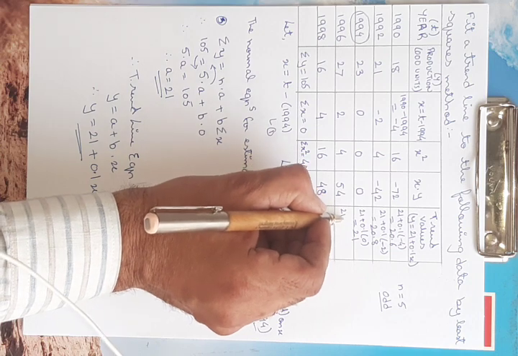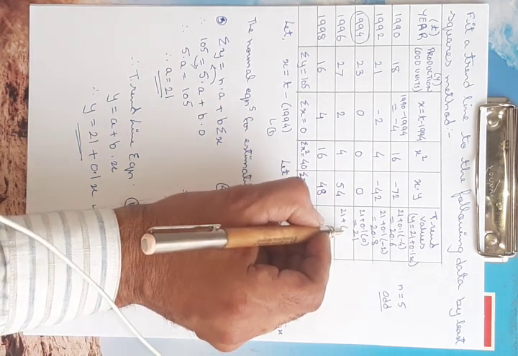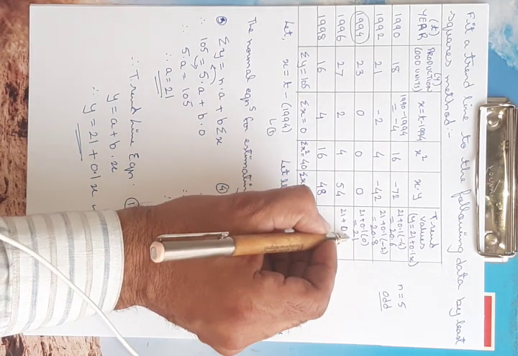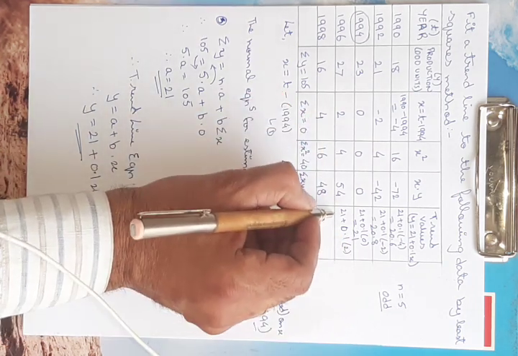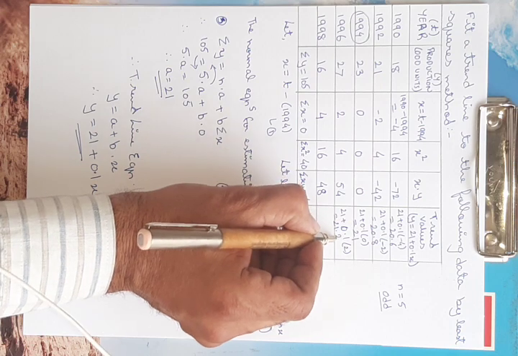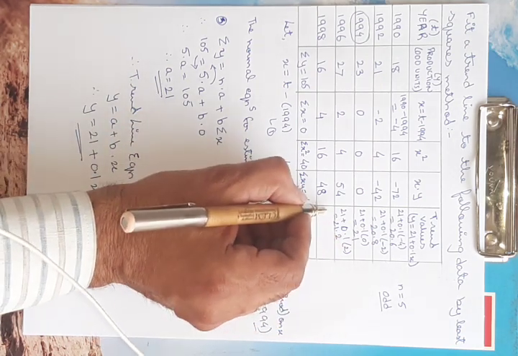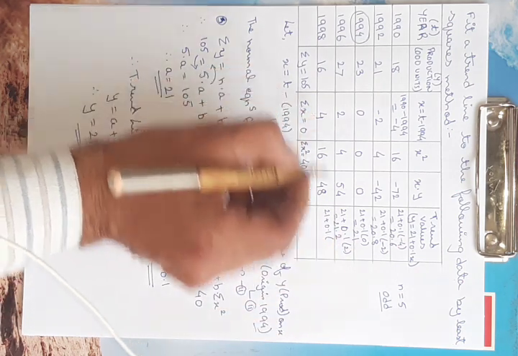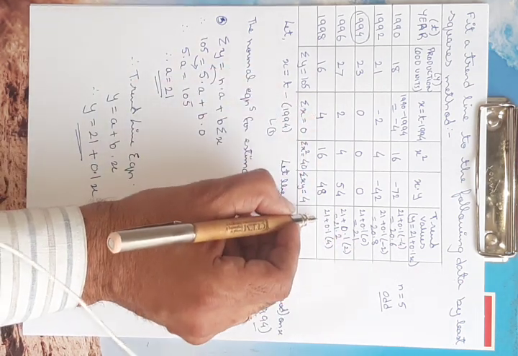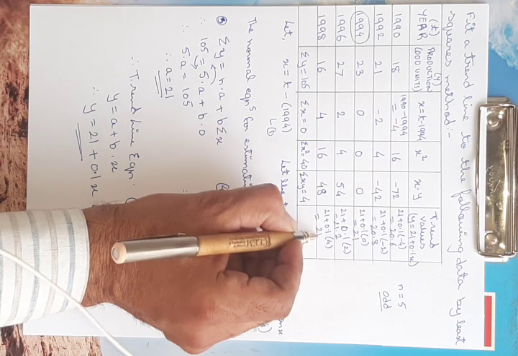Next, 21 plus 0.1 into x, where x is 2, so this becomes 21.2. And finally, 21 plus 0.1 into x, where x is 4. So the last trend value is 21.4.